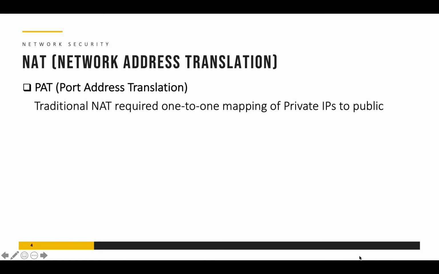So the technique you just observed was technically port address translation, because if you recall, we used port numbers along with the IP addresses. The NAT generated random port numbers. This is also very useful because if one system creates multiple connections to different destinations, the NAT router can use different port numbers along with the same IP address to differentiate between these multiple connections.